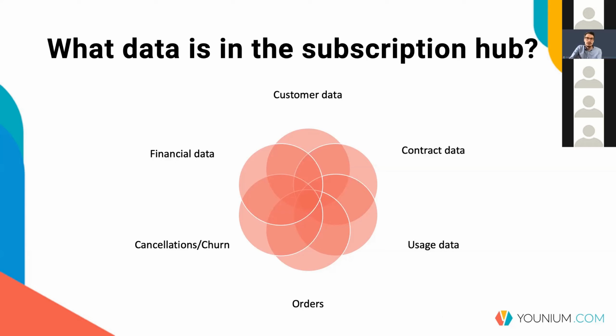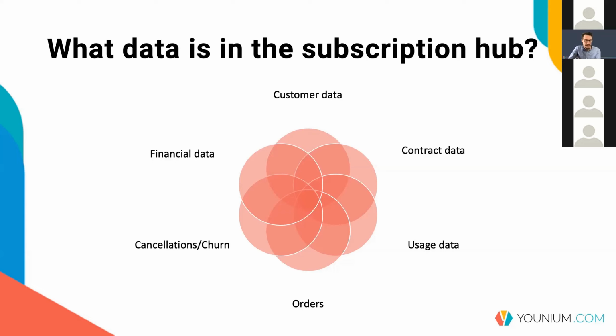It is also usage data. Often this is consumption based and from your service and used for billing. It's all the incoming orders, and hopefully you have a lot of new customer orders, but in subscriptions you have also upsells, so you sell additional quantities, modules, products, or things that you add on to the existing subscription contract.